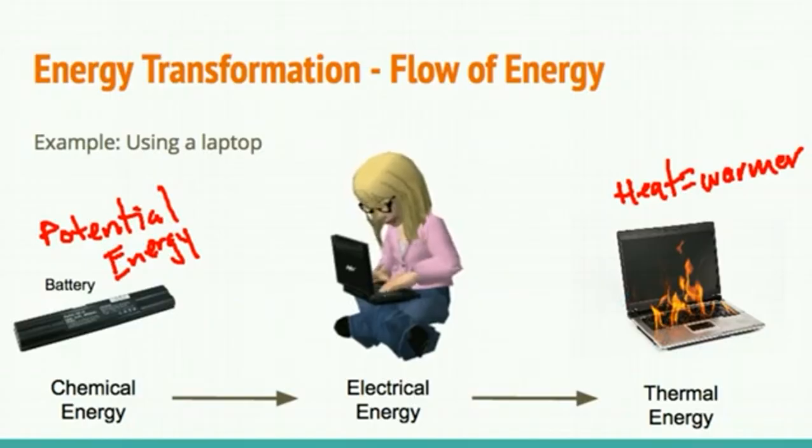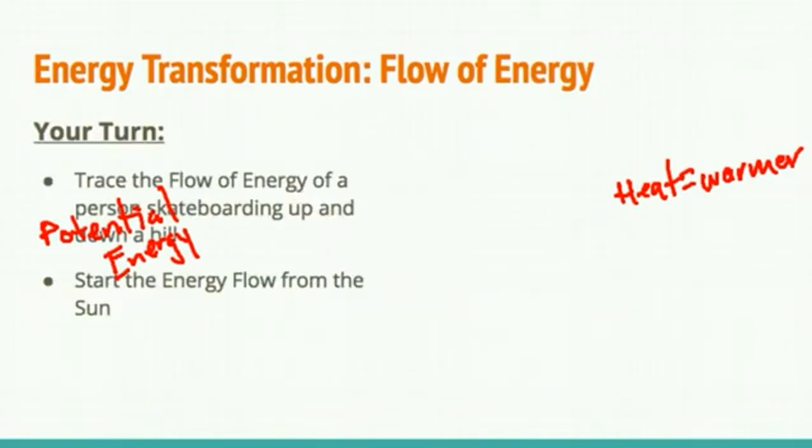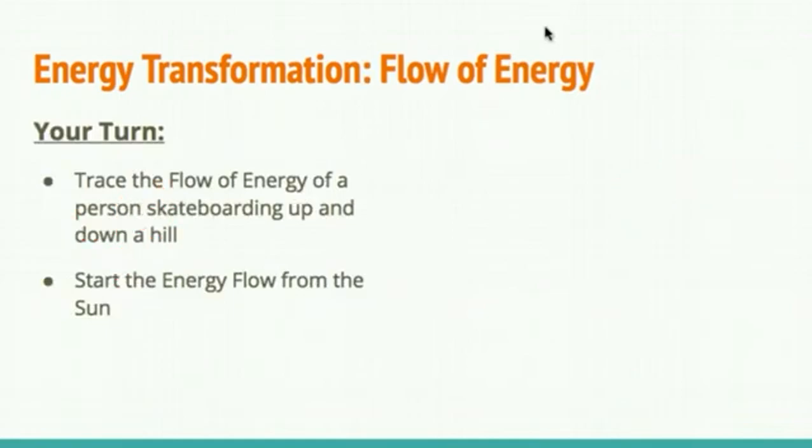All right, so the last one that I'm going to go over and I want you to figure out is this, and we'll talk about this in class. I'm not going to give you the answer now, but what I want you to figure out is this. I want you to trace the flow of energy of a person skateboarding up and then down a hill. So let's just imagine that the hill is like this, right?